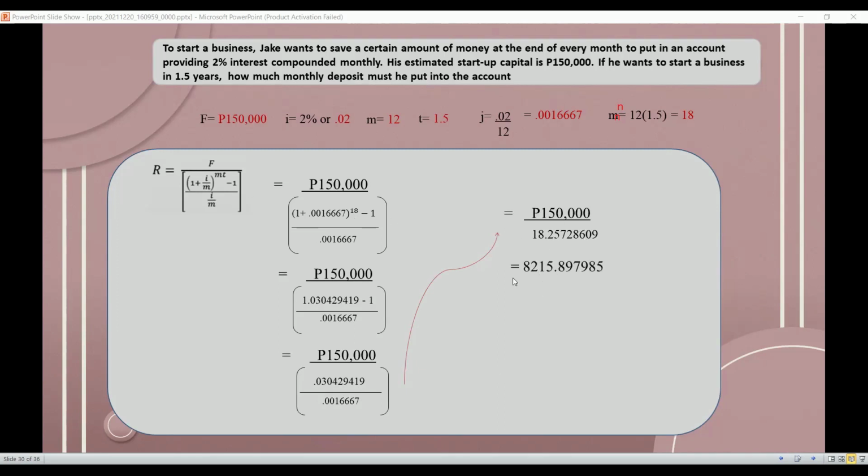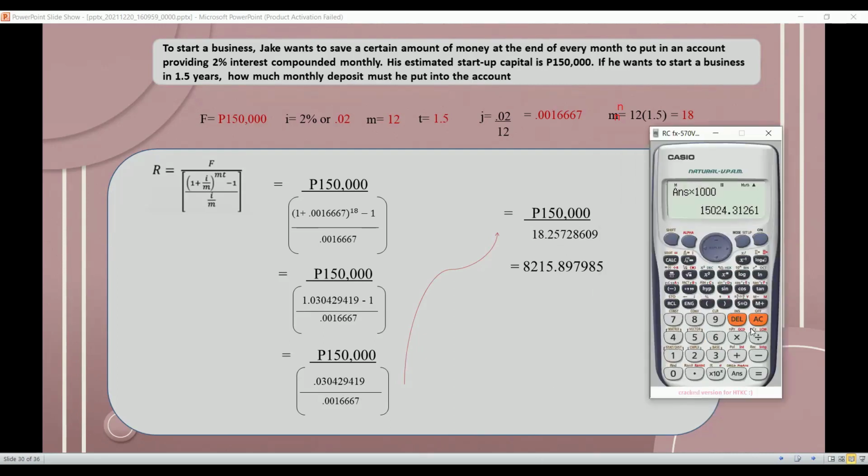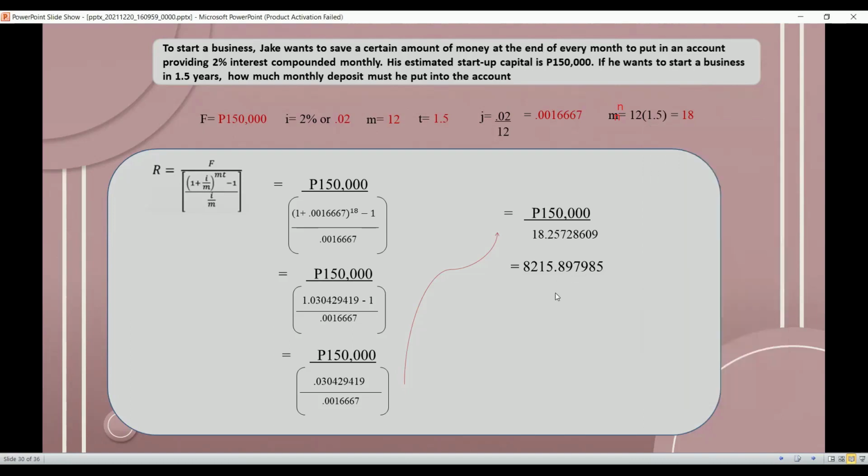Then, we will have 8215.897985. Let us check if it is correct. 150,000 divided by 18.25728609. So, it is correct. Then, in this case, we round off, right? Because the digit next to 89 is high. So, when we round off 89, it becomes 90, then our R will be 8,215 pesos and 0.90 centavos.